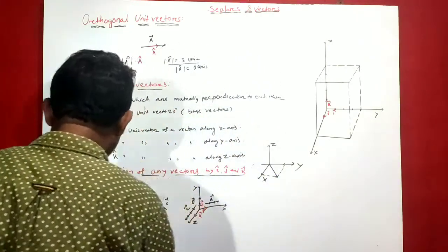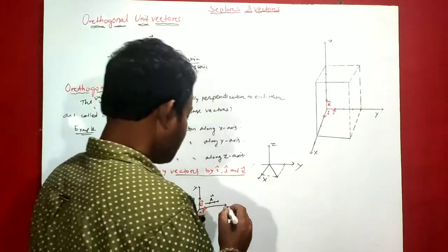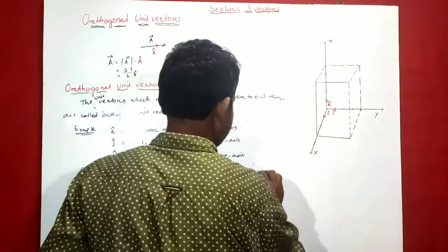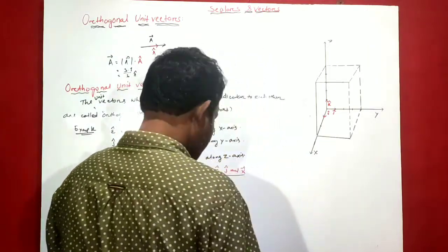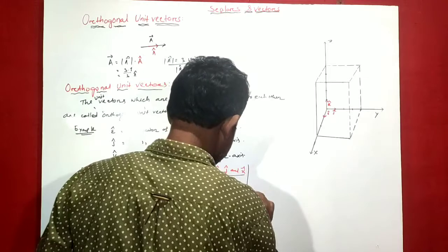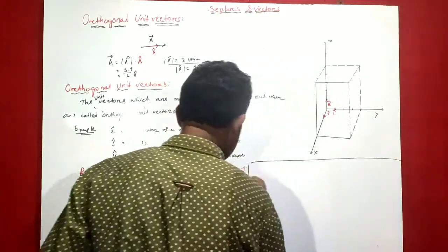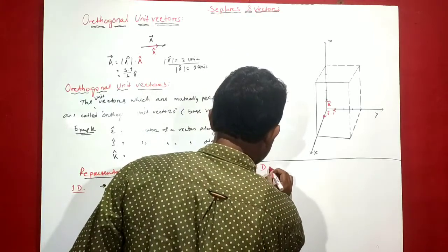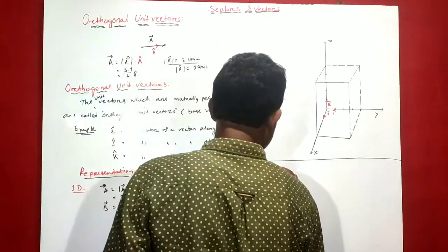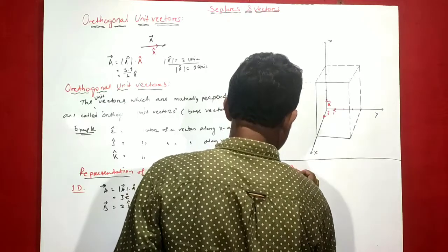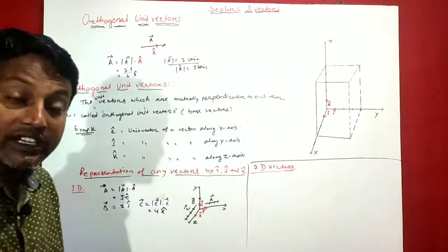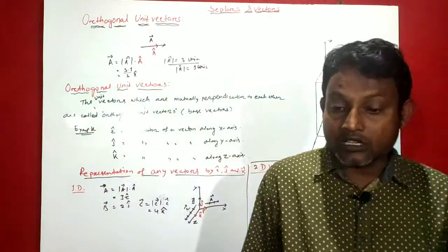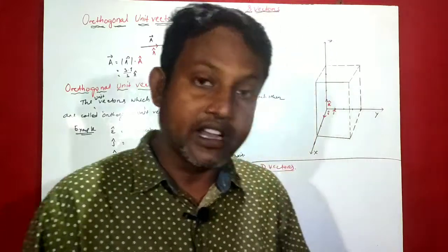Then another one is the representation of 2D vector. Guys, what is a 2D vector? A 2D vector actually lies in a plane.